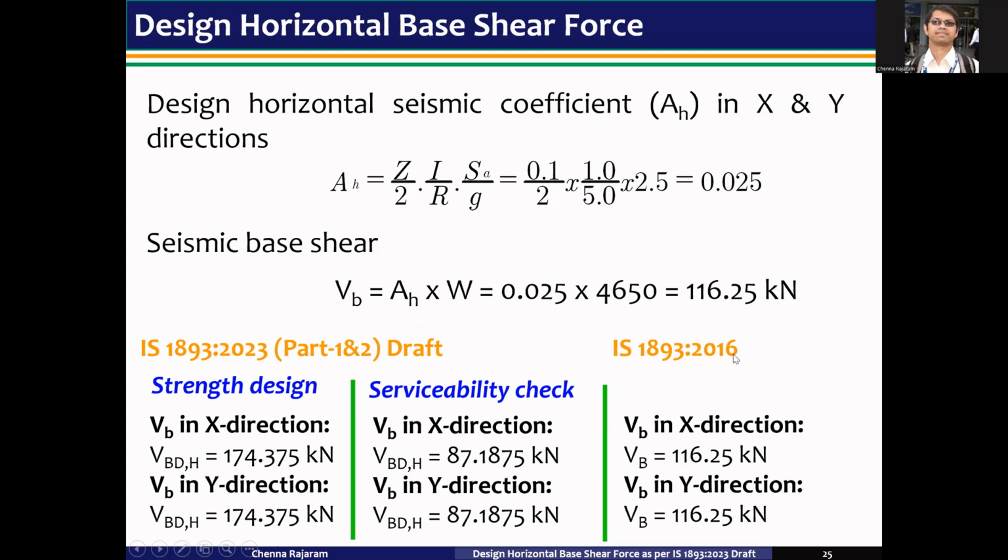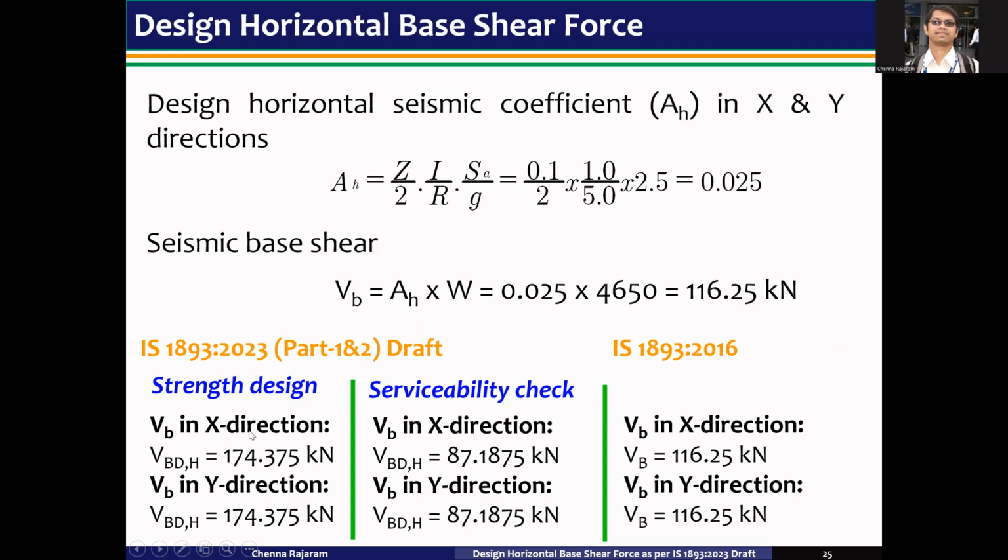As per IS 1893 2016, the VB value in X direction is 116.25 and in Y direction also 116.25 kilonewtons. Whereas as per IS 1893 2023 draft code, the X and Y values for strength design are 174.375 kilonewtons, and for serviceability check, the values are 87.1875 kilonewtons.